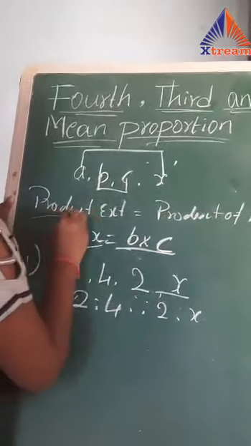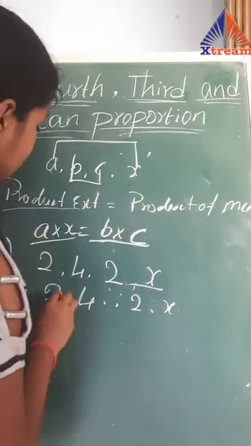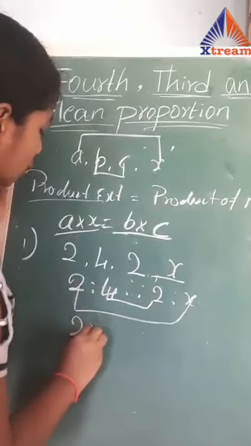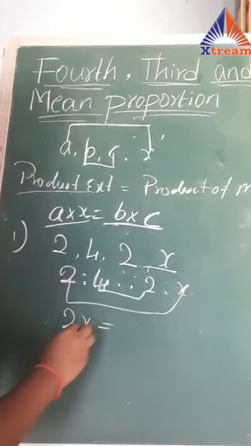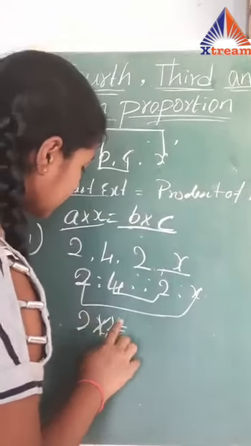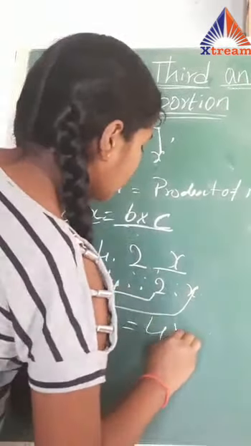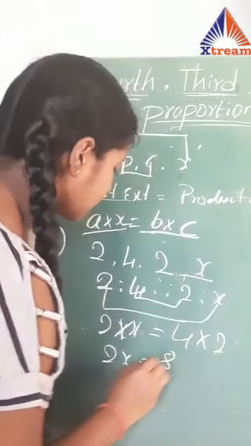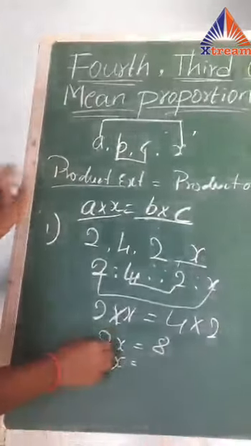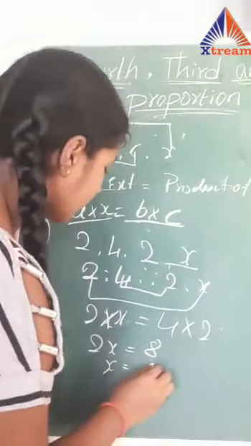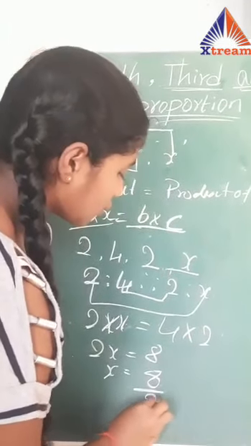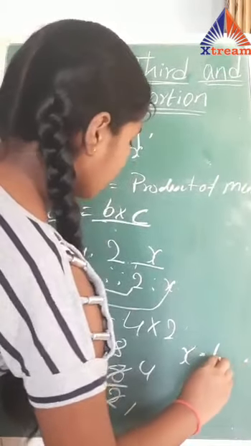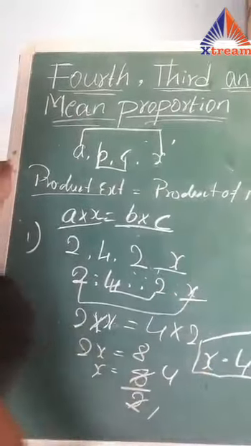Product of extremes is equal to product of means, that is 2 into x is equal to 4 into 2, so 2x is equal to 8. Transferring the 2 to the right-hand side becomes division, that is 8 by 2. So the value of x is 4. This is the fourth proportional.